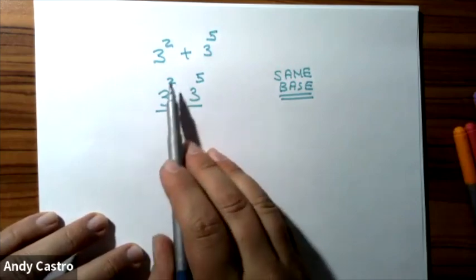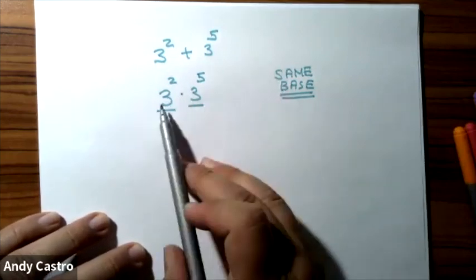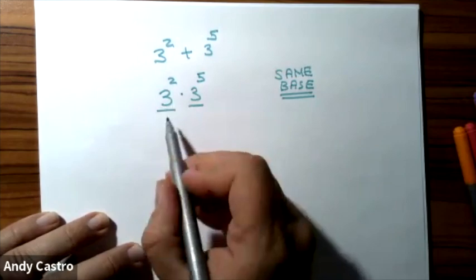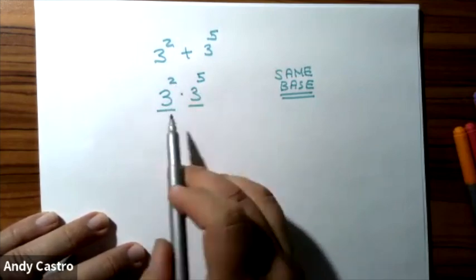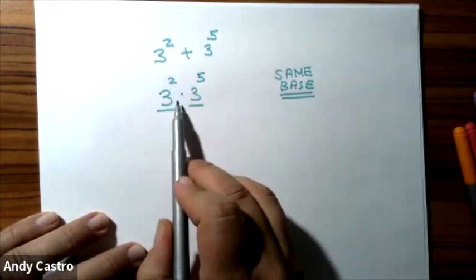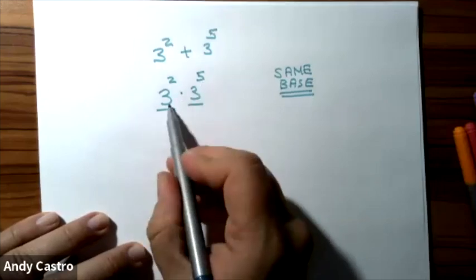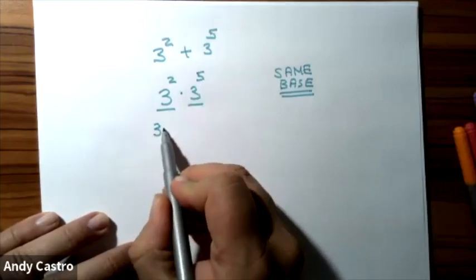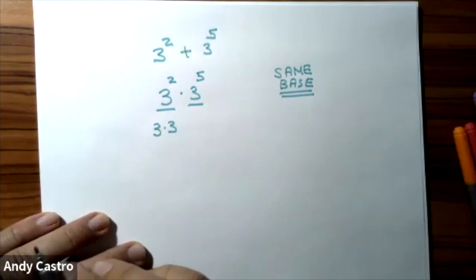So 3 squared, you probably know that's 9, but I want to write that out. This is 3 squared times 3 to the 5th. So 3 squared is just 3 times 3, right?